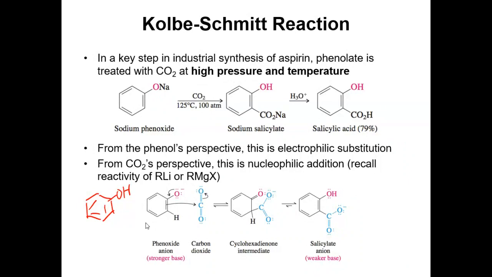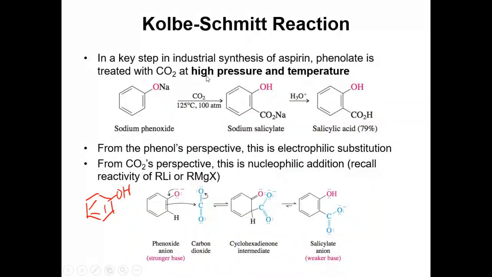Although the oxygen atom on the phenoxide is more nucleophilic than the ring, that's why when you have an alkyl halide react with phenoxide, it is always O-alkylation. The oxygen atom is a lot more nucleophilic than the ring, because the negative charge is mostly still on oxygen.